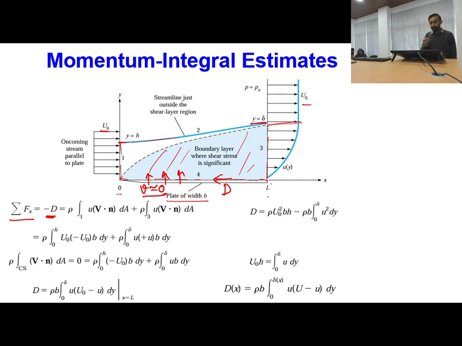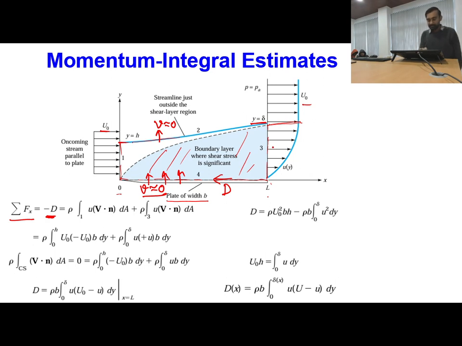So any velocity normal to this streamline will also be nearly equal to 0. That's why I will not be having any momentum exchange in the bottom and the top face of this control volume. The only momentum change will be in the left and right side.